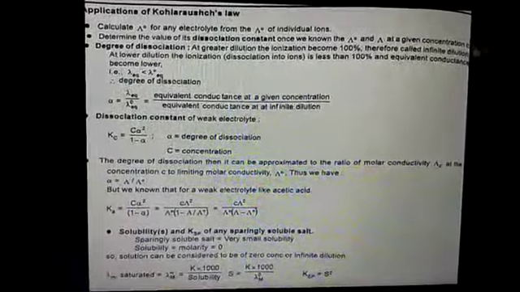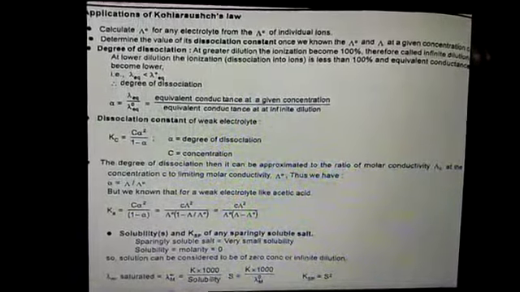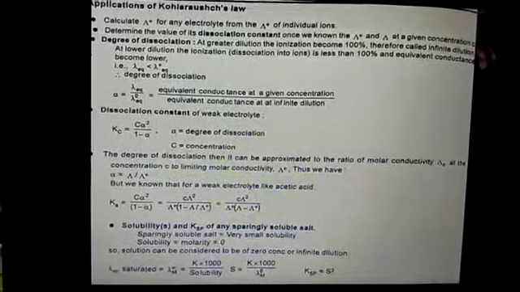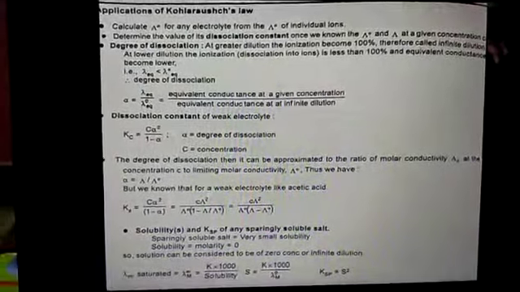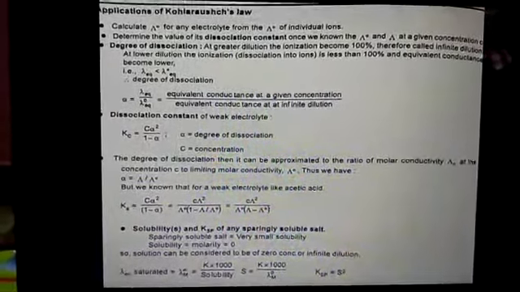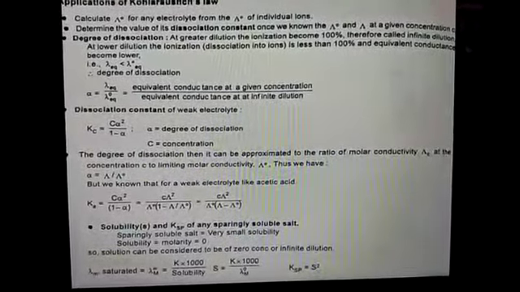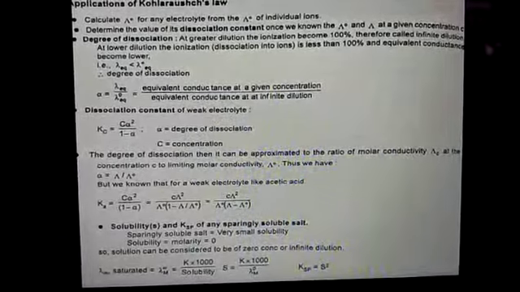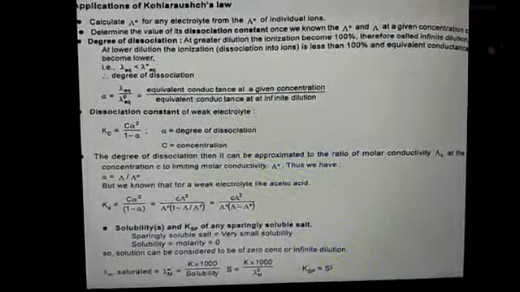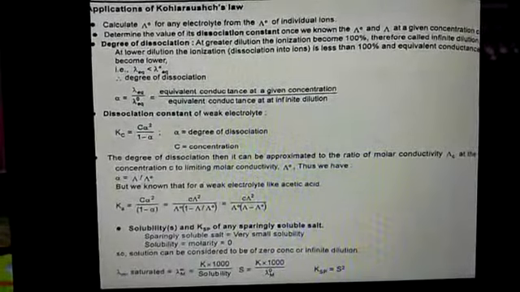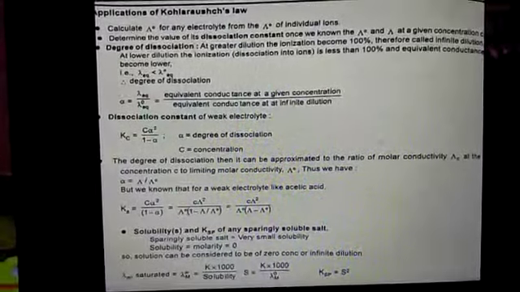Another application of the Kohlrausch law is to calculate the dissociation constant of the weak electrolyte, that is Kc, which is equal to C alpha square upon 1 minus alpha, and the degree of dissociation, which is equal to lambda m upon lambda m infinity, or lambda eq upon lambda naught eq.